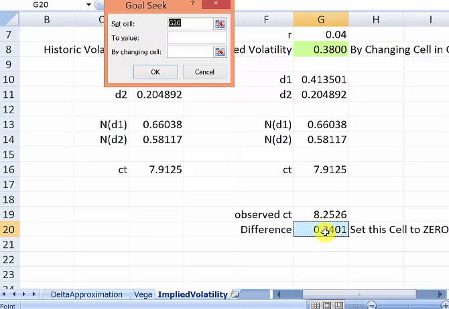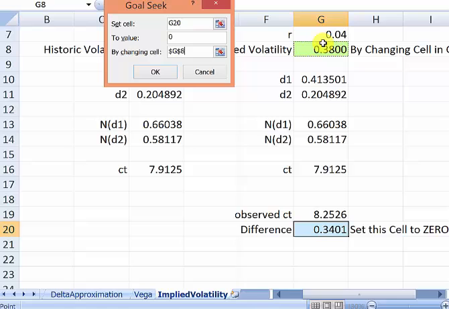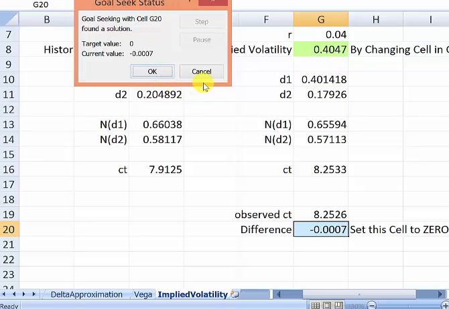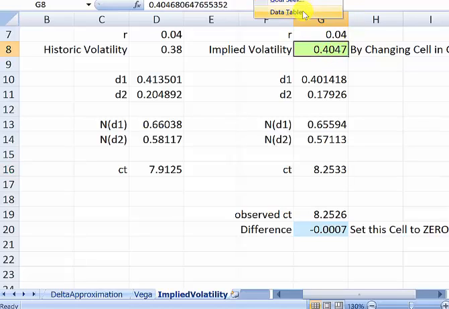We set G20, this cell, to 0. We want 0 pricing error. And we change the cell G8, which is the volatility we put into the Black-Scholes model. We click OK. It gives us a volatility value. This is not as good as before.